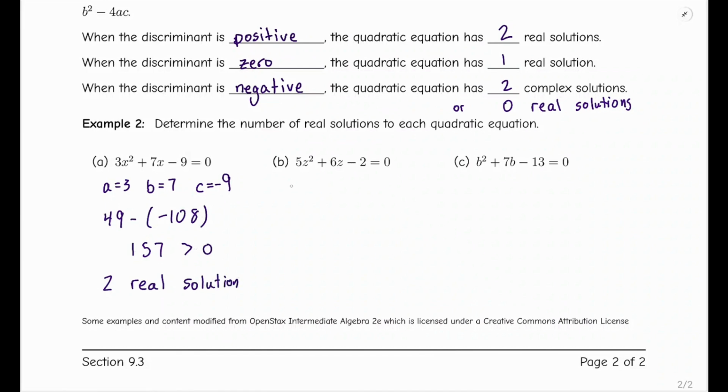Part B. A is 5, B is 6, C is negative 2. So B squared is 36, minus 4 times A times C is negative 40. So we get 76. So two real solutions.